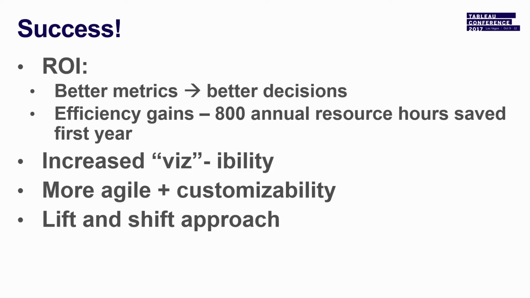And from an actual numbers perspective, the efficiency gains: we measured all of 2015, and we measured roughly 800 annual resource hours saved that first year, which is okay. I wanted to maybe hit an even 1,000. But we calculated this specifically on current reports.